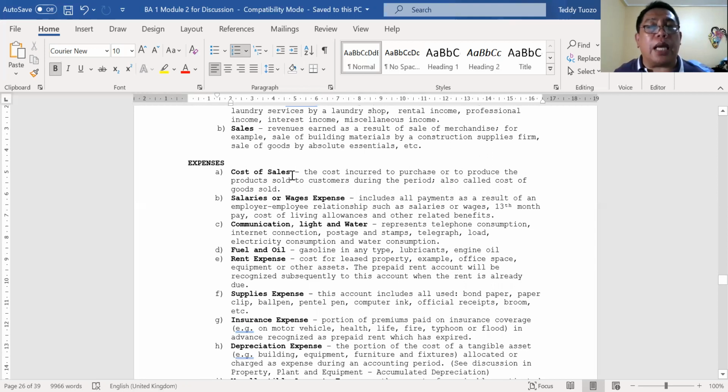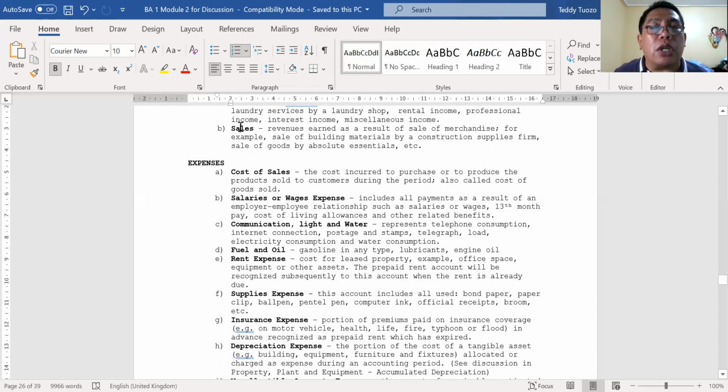Expenses, you have the cost of sales, the cost incurred to purchase or to produce the products sold to customers during the period, also called cost of goods sold. This is actually the largest account. That is a deduction from sales to determine how much is your profit.